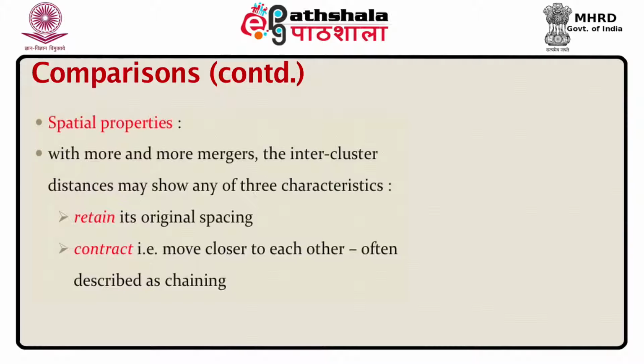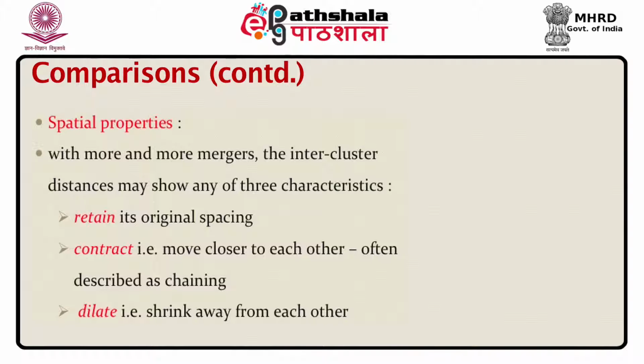So what is meant by contracting clusters is that as more and more merging takes place, the clusters move closer to each other, often forming a chain. So they keep coming closer and closer to each other as you keep merging the clusters. Maybe the smaller clusters actually bring two larger clusters closer between themselves.